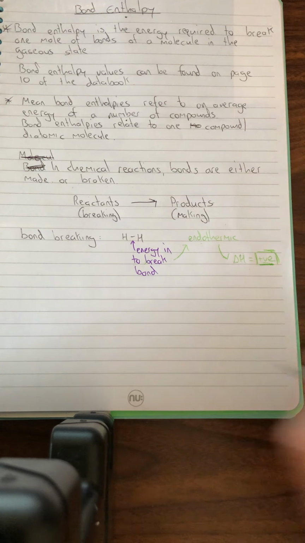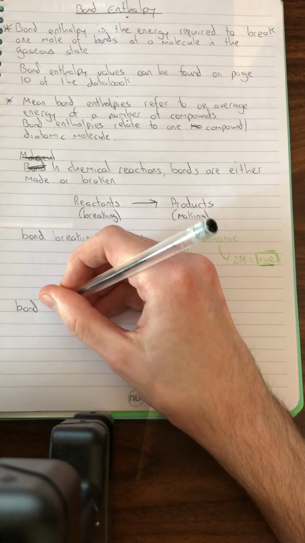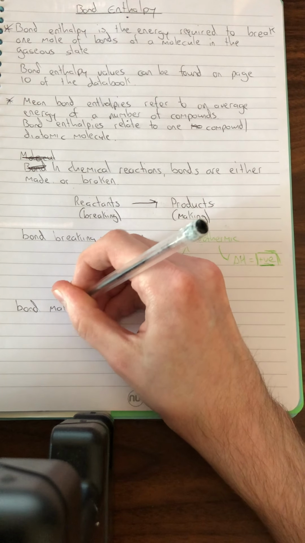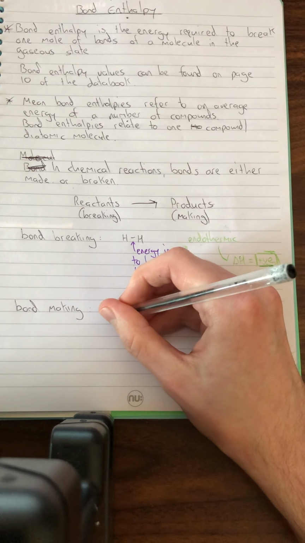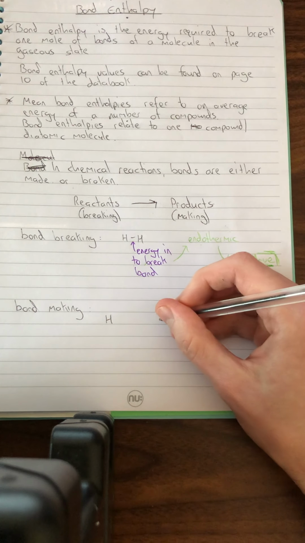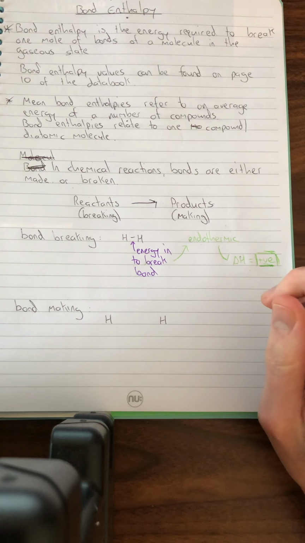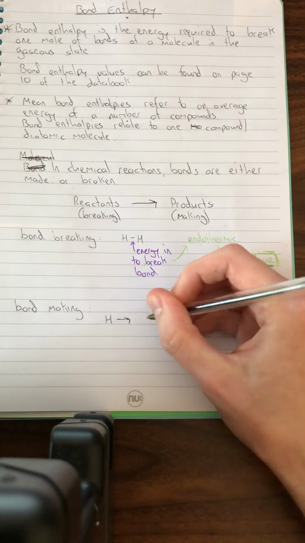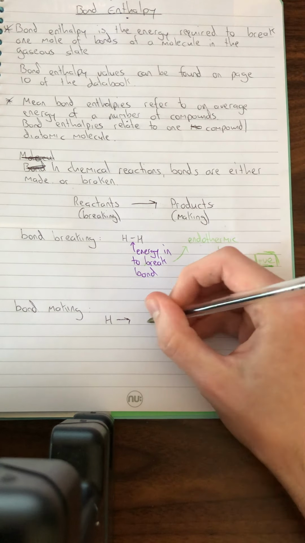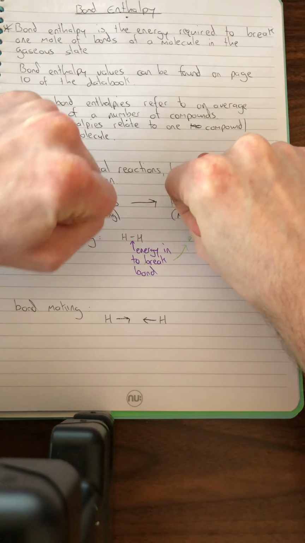Now if we go to bond making, let's say we've got an H atom and an H atom. These two H's are going to collide. If we look at my fist again, we've got an H atom on my right hand and an H atom on my left hand.